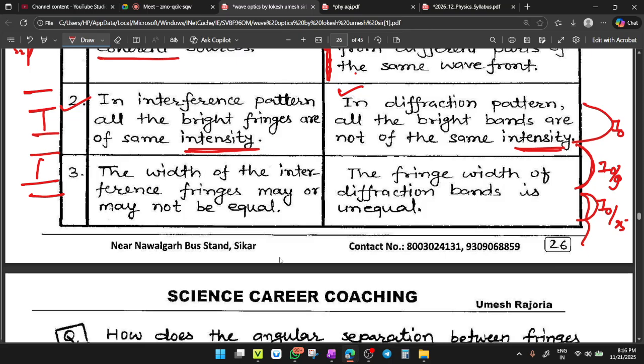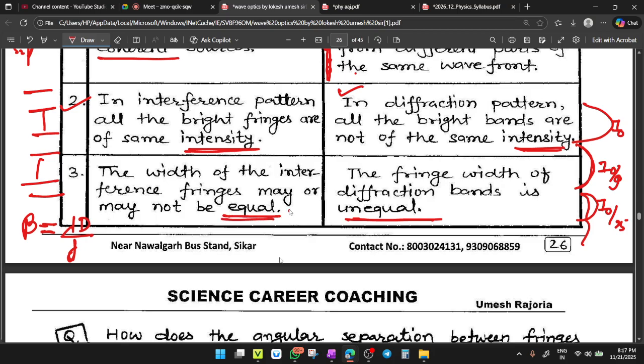Talking about fringe width, in Young's double slit experiment, we see that it was lambda D upon small d. The width of the interference fringes is equal if you have taken monochromatic light. But the fringe widths of diffraction bands are unequal.